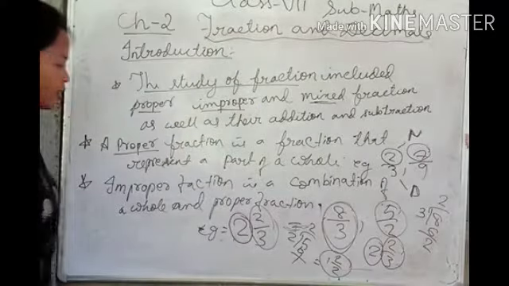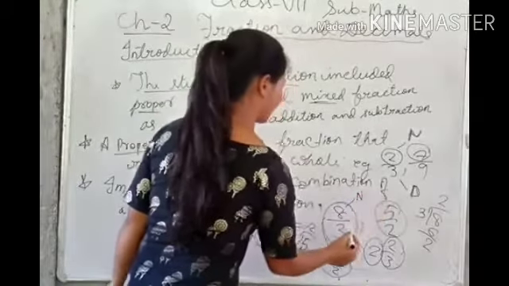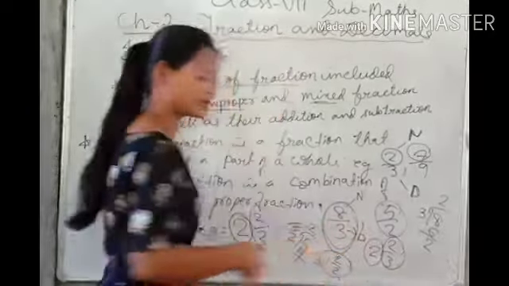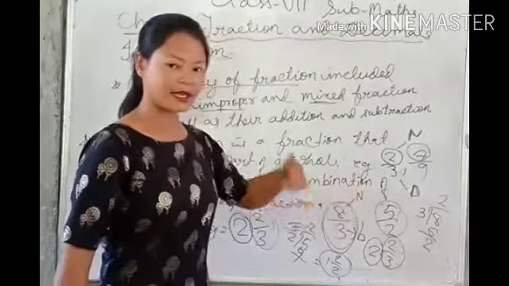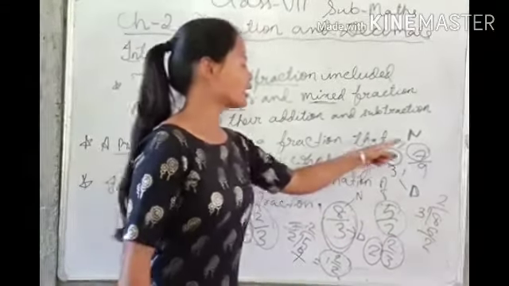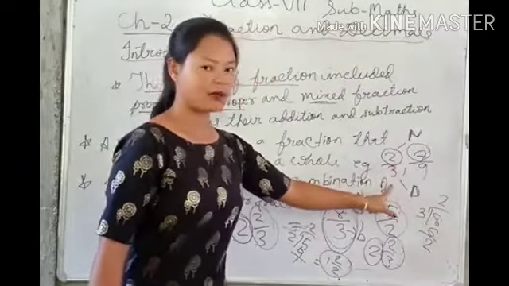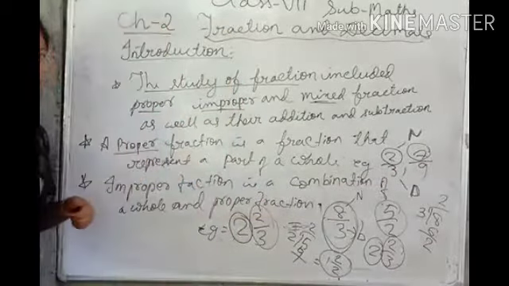So simply we can say improper fraction means the numerator is always greater than the denominator. If in a fraction the numerator is greater than the denominator, then it is an improper fraction. And if the numerator is smaller than the denominator, then that is called a proper fraction.